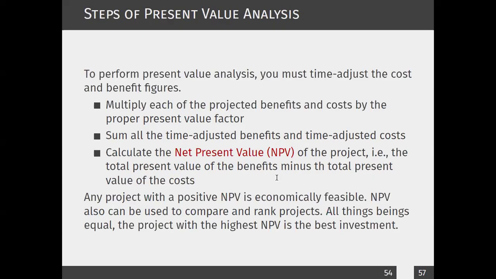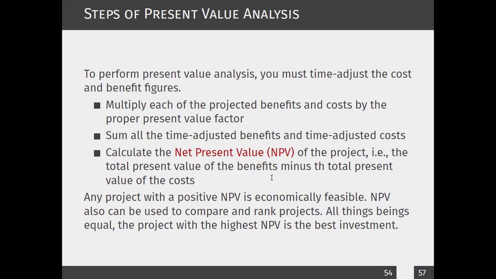Now, having understood this, to perform the present value, you have to time-adjust the costs and benefits. So you have to consider both the projected benefits and the costs with the present value factor, and then sum all the time-adjusted benefits and time-adjusted costs.